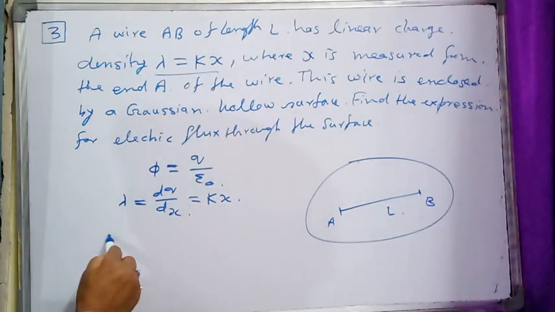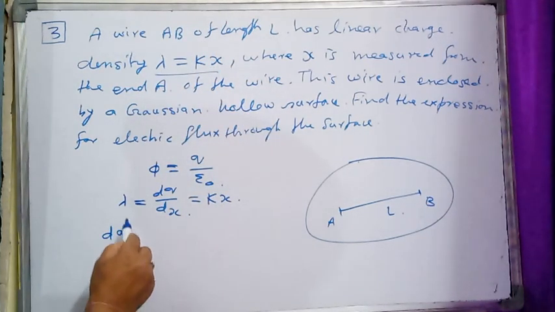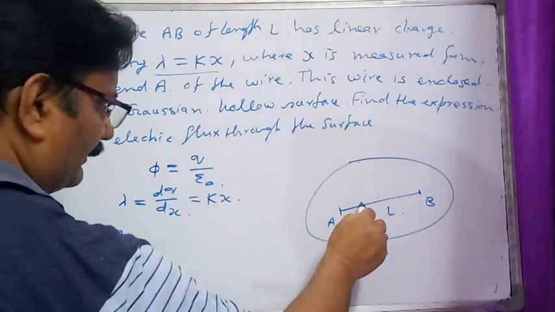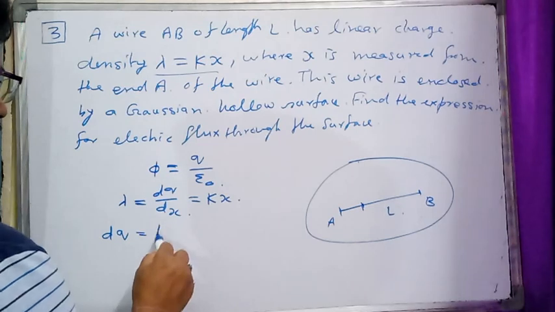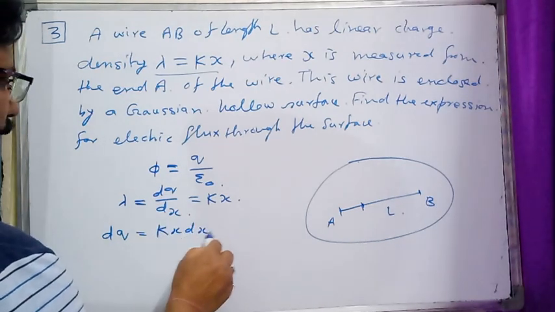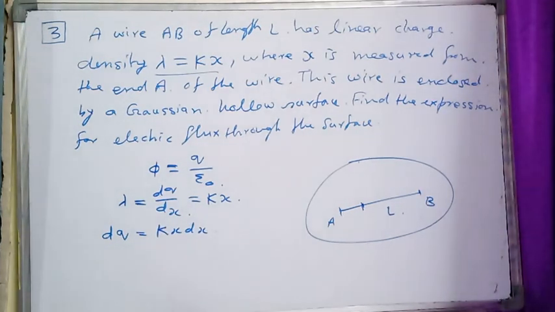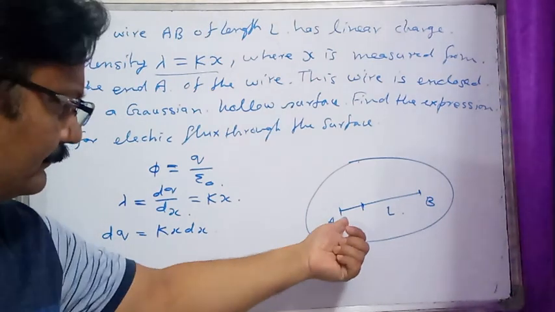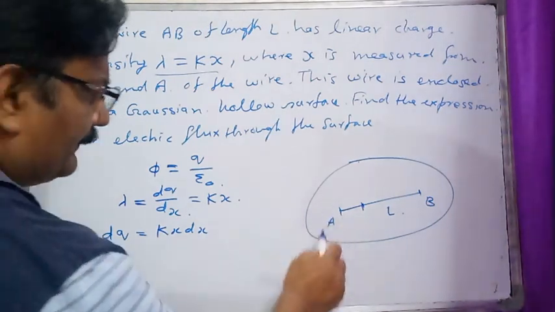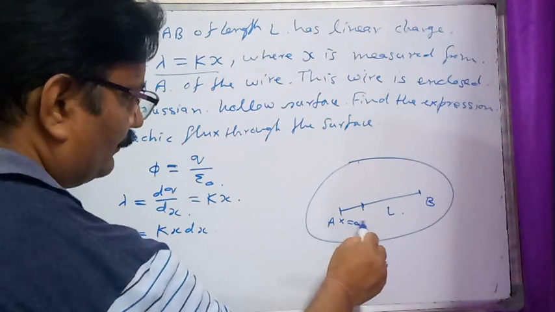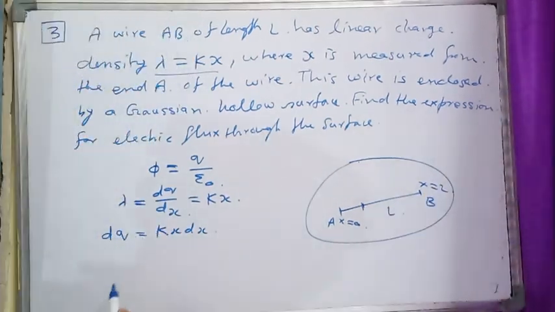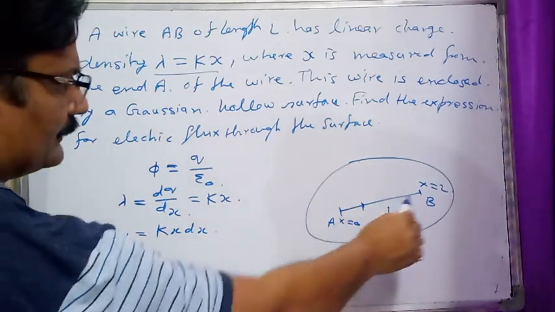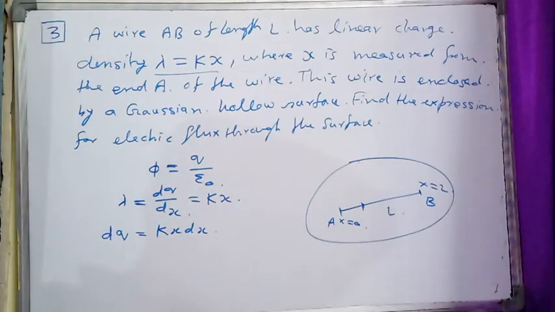So we can write the value of the charge of a small section of the wire, dq, is equal to kx into dx. As distance is being measured from end A, suppose this end of the wire is x equals 0 and this end of the wire is x equals L. So what can be the total charge present on this wire?